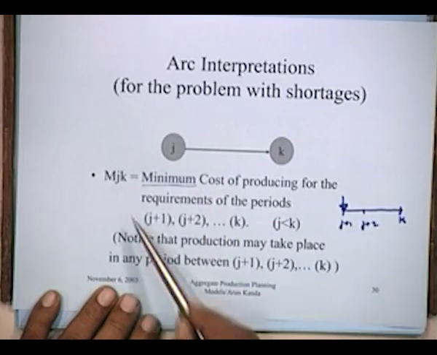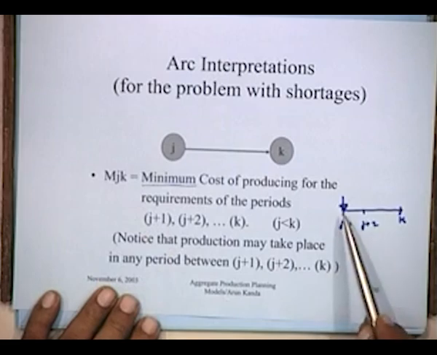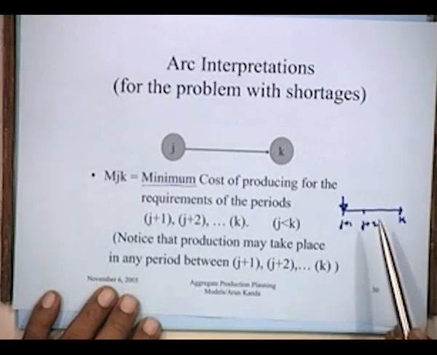So MJK in this particular situation might work out something like producing in the fourth period for the requirements of period 1, 2, 3, 4, 5, 6, 7, somewhere in the middle, right? This kind of thing will happen.